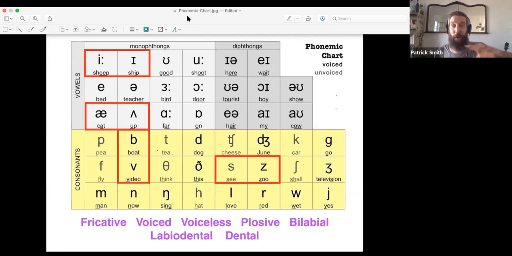This is what you'll notice with all of these vowels, particularly vowels, is that they do change depending on the dialect. You know, American English, British English, even within British English, we have a lot of different dialects. Australian English, New Zealand, it's all going to be different.